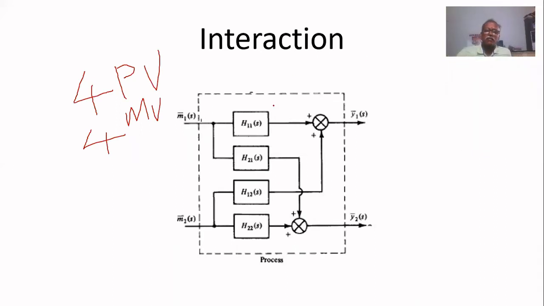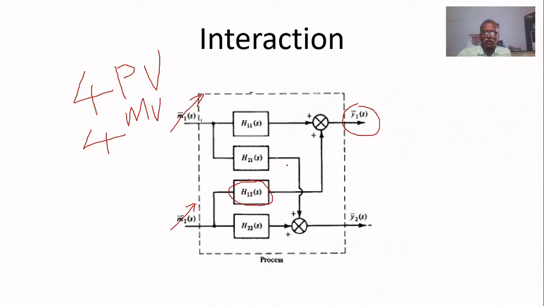Interaction means, we have already seen that we increase or decrease M1 to manipulate Y1. Similarly, why do we manipulate M2? It is to manipulate Y2. But there is interaction. That's why any change in M2 will affect Y1, which can be represented by H12.